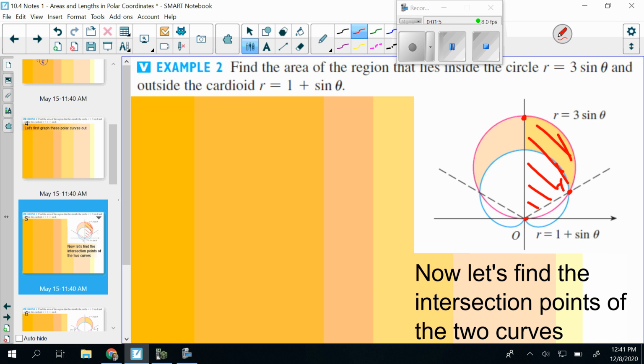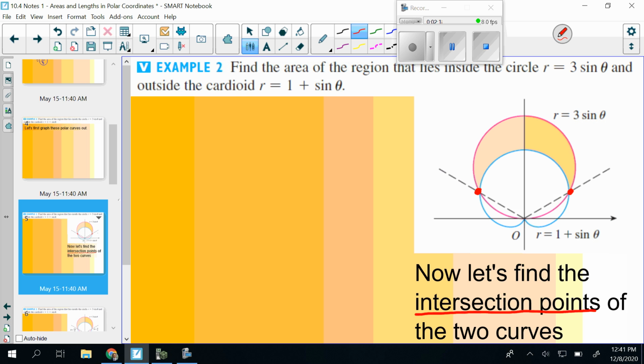Or if I did it from 0 to pi over 2, that would give me the area of a semicircle, half the circle. Well, if we're going to find the area between these, what we need to know is the angle that gives us that point and that point, because that would carve out this area in between. So we've got to find those intersection points.